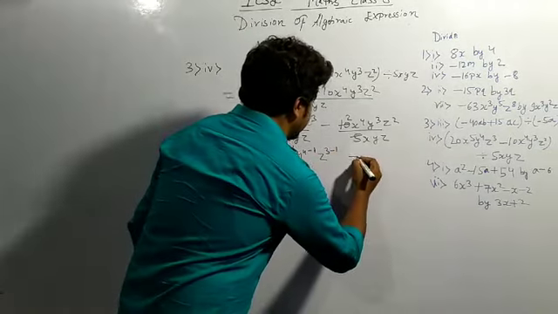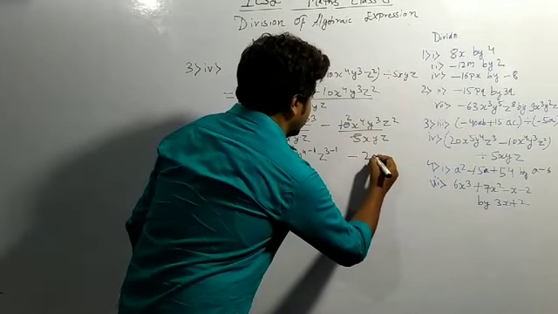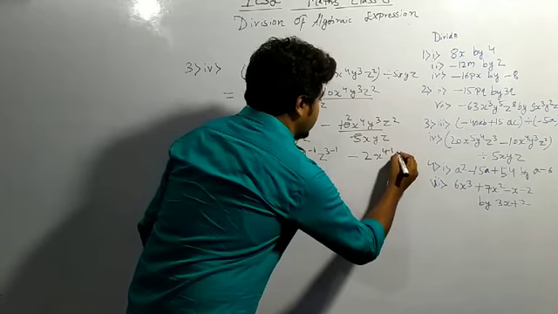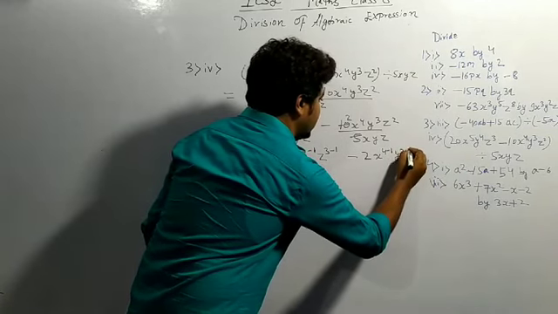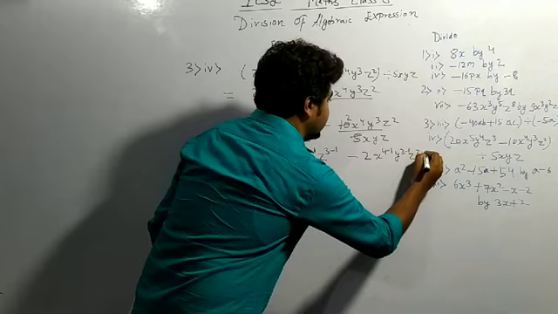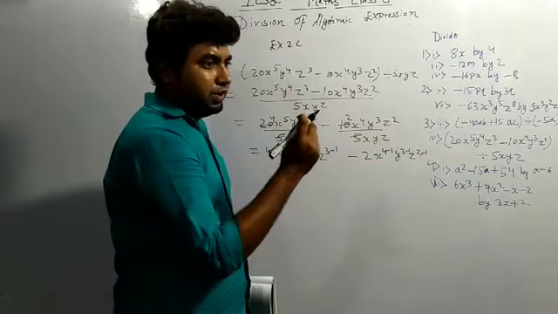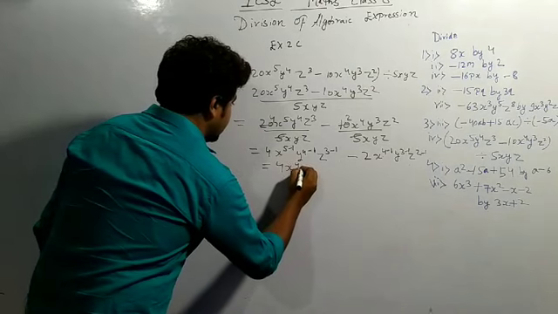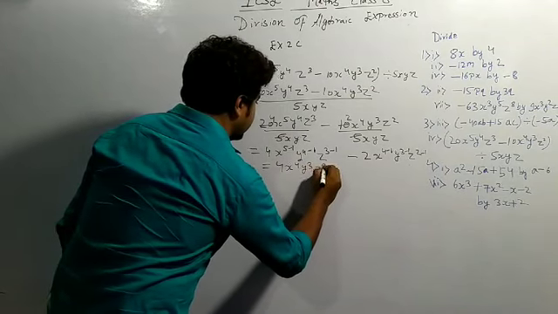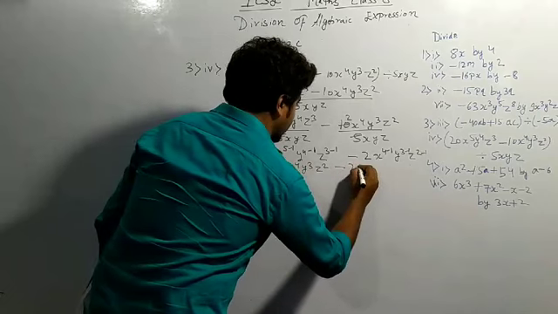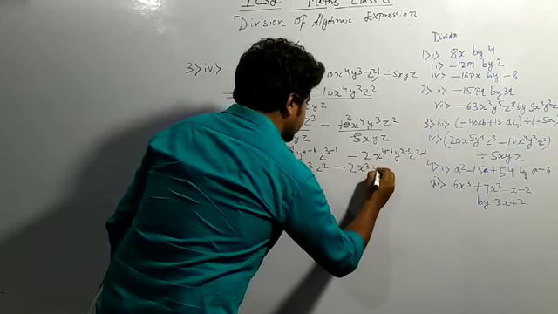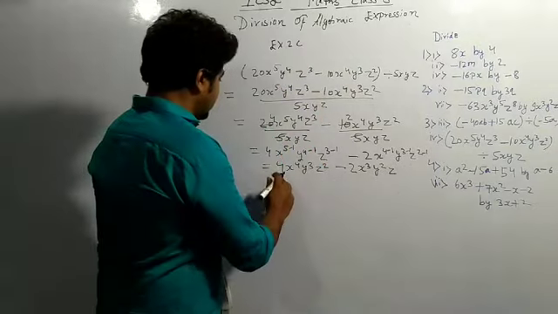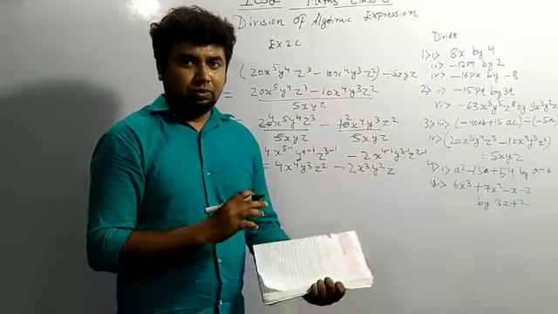And again from here we can write minus 2, x to power 4 minus 1, y to power 3 minus 1, and z to power 2 minus 1, because x to power 1, y to power 1, z to power 1 is given. So we can write it as 4x4 y cube z square minus 2x cube y square z. So this is question number 3 bit 4.